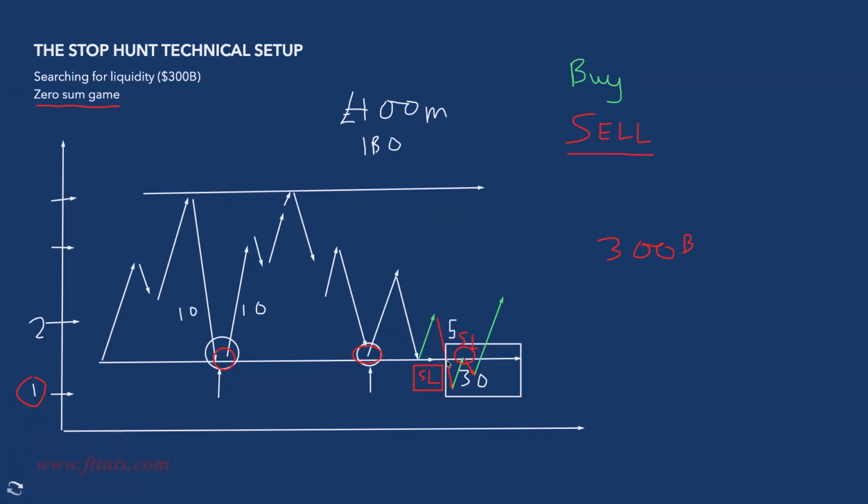Resistance becomes what? Support. So they're telling you what they want you to do. And this is how the financial institutions manage to stop hunt traders before going on their merry way.